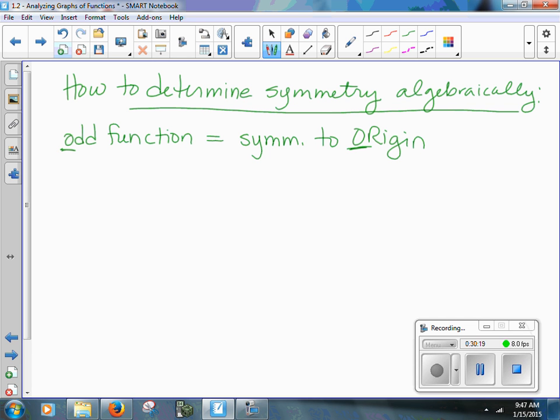How am I going to determine symmetry algebraically? Well, if I suspect that the function is symmetric with respect to the origin, then I'm going to substitute negative x for x and negative y for y.